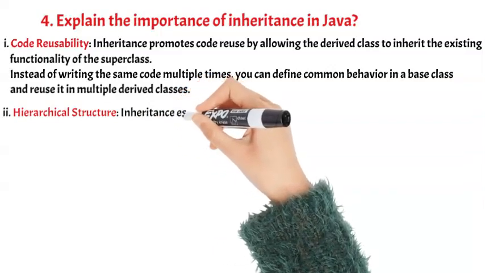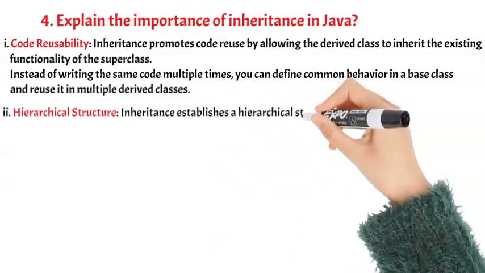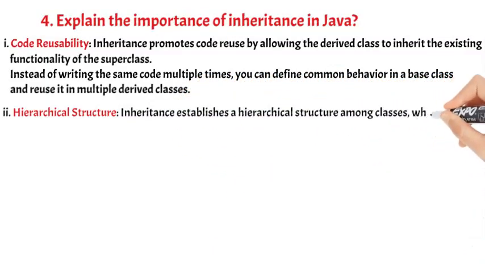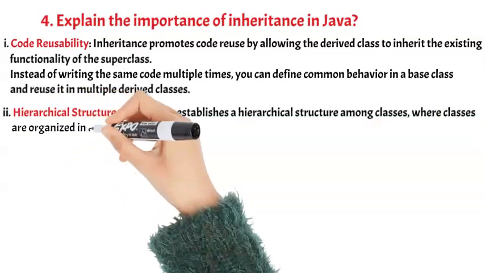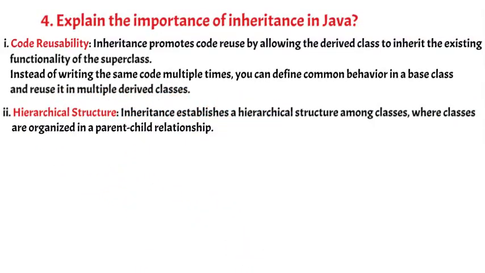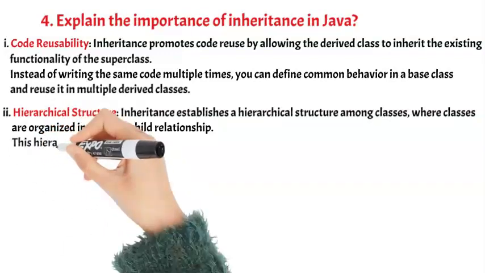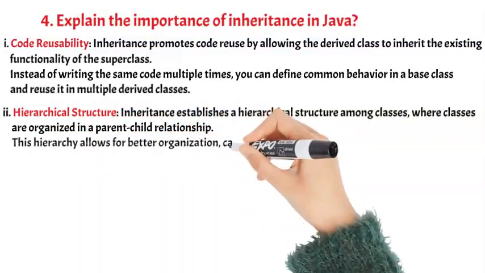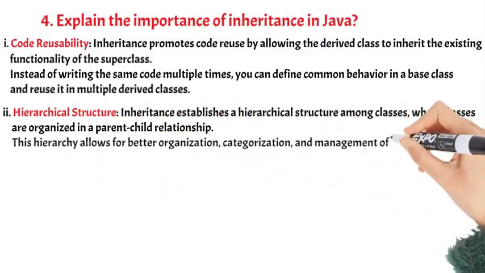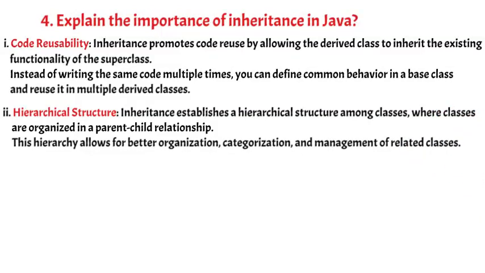Hierarchical structure. Inheritance establishes a hierarchical structure among classes, where classes are organized in a parent-child relationship. This hierarchy allows for better organization, categorization, and management of related classes.